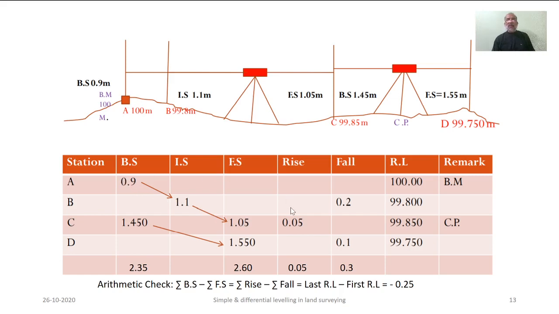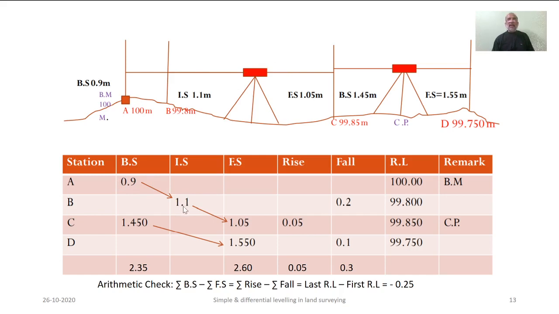I hope there should not be any problem as far as the data entry is concerned. As we discussed previously, first RL is given as 100. Now, for the first instrument station, the first reading taken is 0.9 meter. As compared to 0.9 meter, the reading taken subsequently is 1.1 meter.